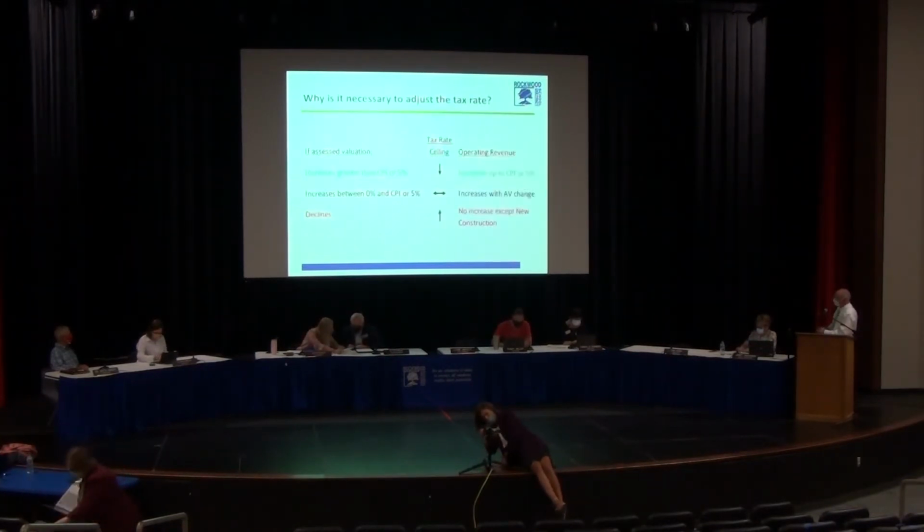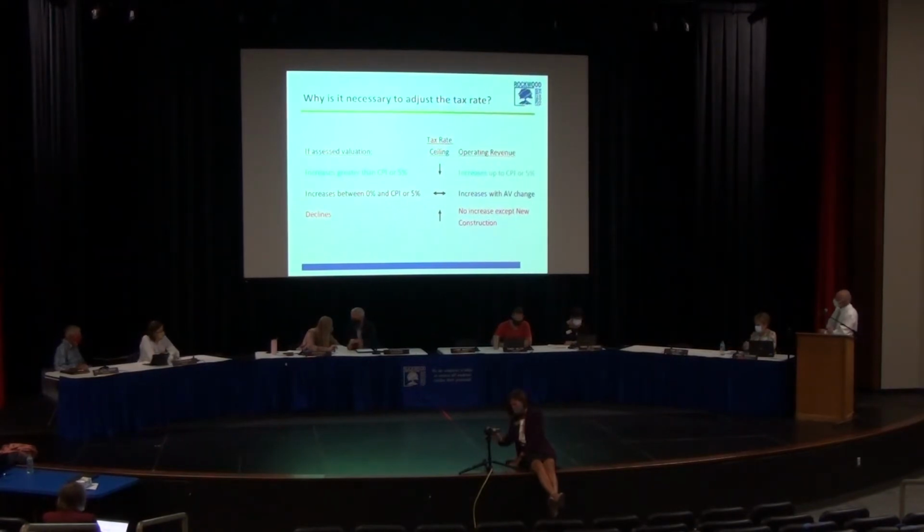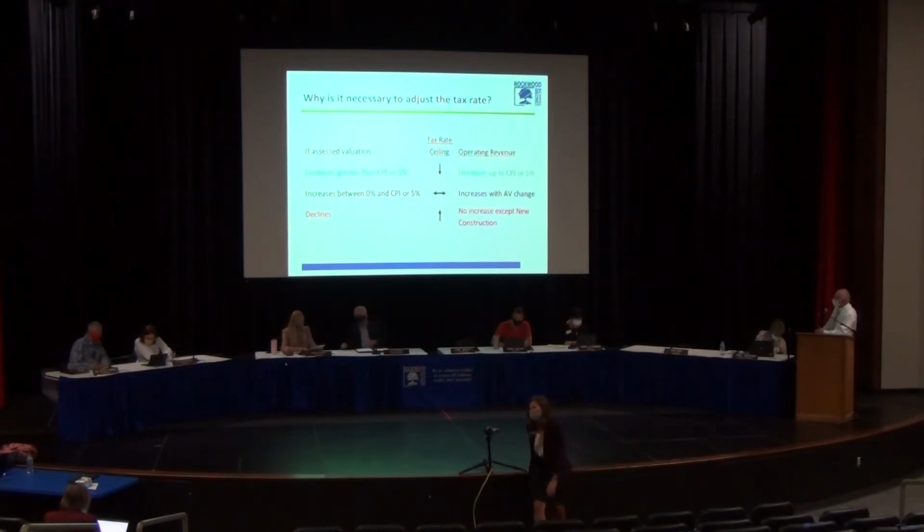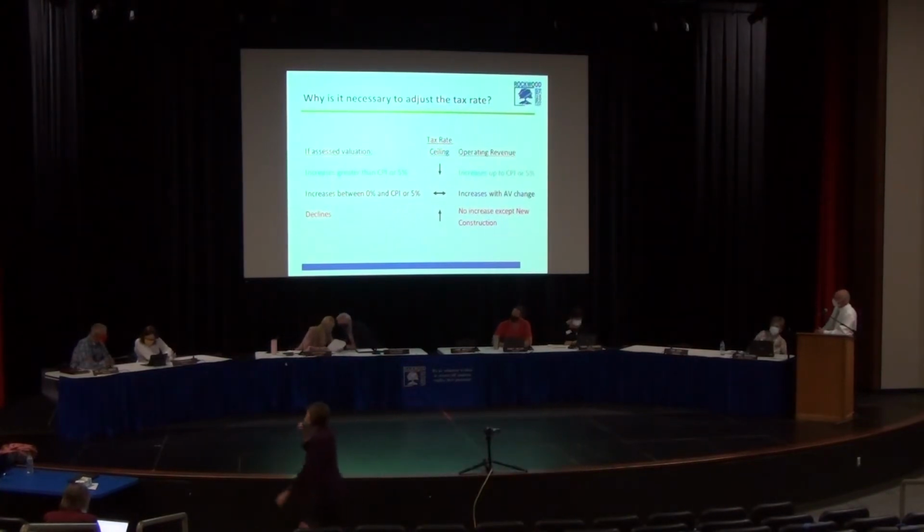So as we get into the setting of the tax rate for this year, the question is, why is it necessary to adjust the tax rate? Depending on the economic situations within the district and the assessed valuation, if the assessed valuation grows greater than either the CPI, which is the Consumer Price Index, or 5%, we get the lesser of the two.